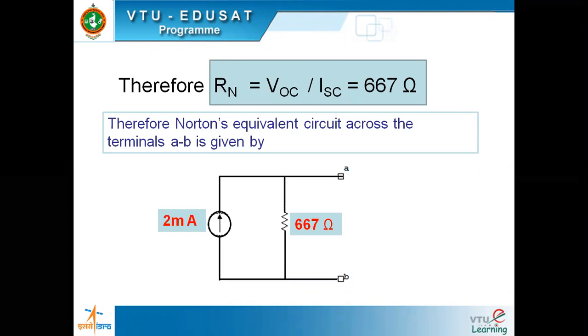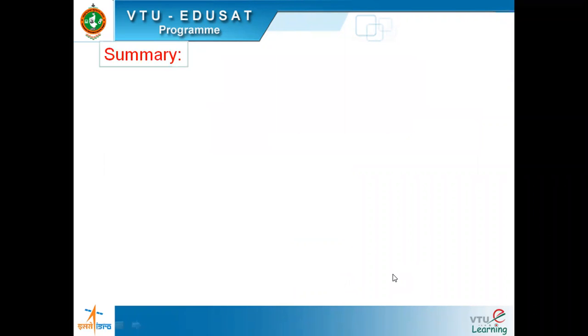So we have found out RN, which means it is as good as finding out Thevenin's resistance. And since you have VOC here, this VOC itself is your VT. So by doing this, we also have found out the Thevenin's equivalent circuit.